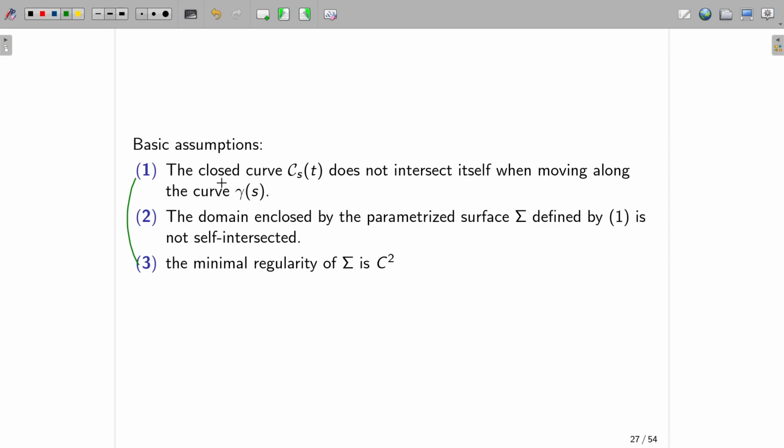The first is that the closed curve C(s,t), along the curve gamma(s), does not intersect itself when moving along the curve. The second is that the domain enclosed by the parametrized surface defined in the previous one is not self-intersected. And the minimal regularity for sigma is C2.